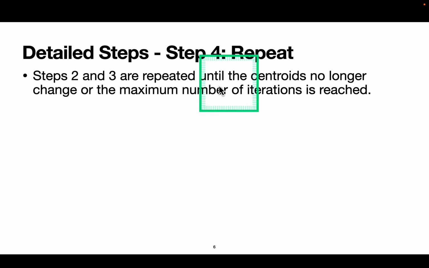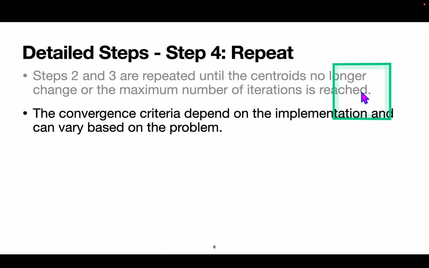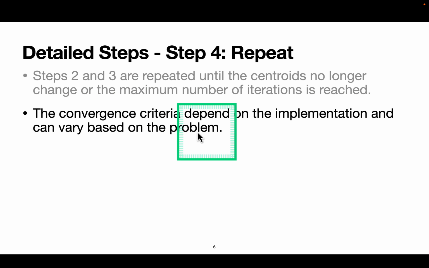Next is repeat. Then we'll just repeat steps 2 and 3, basically assignment and placing of the centroid. So steps 2 and 3 are repeated until the centroids no longer change or the maximum number of iterations is reached. The convergence criteria depend on the implementation and can vary based on the problem.